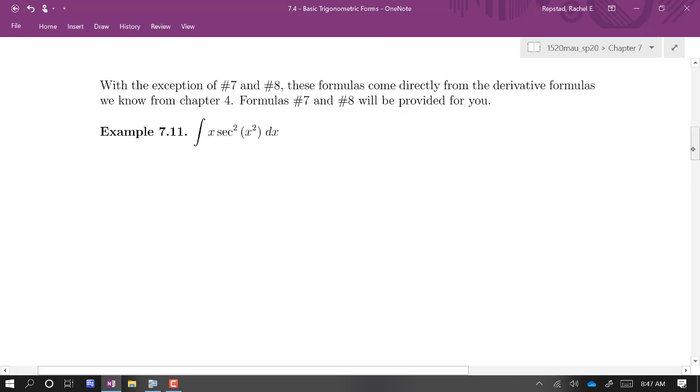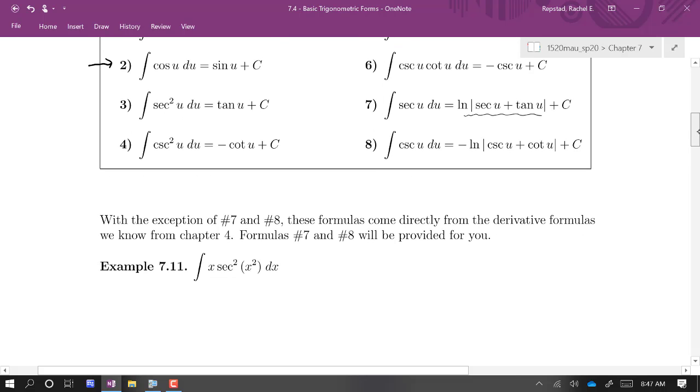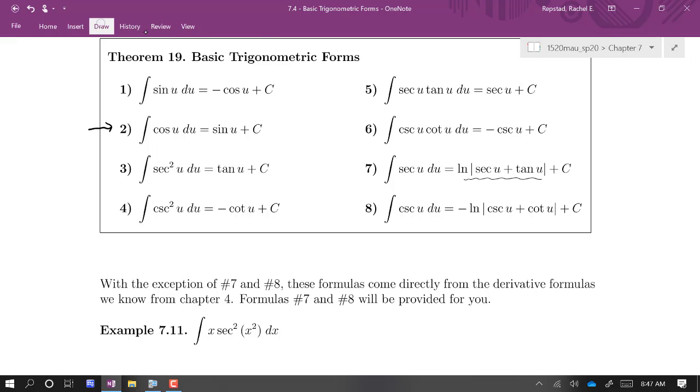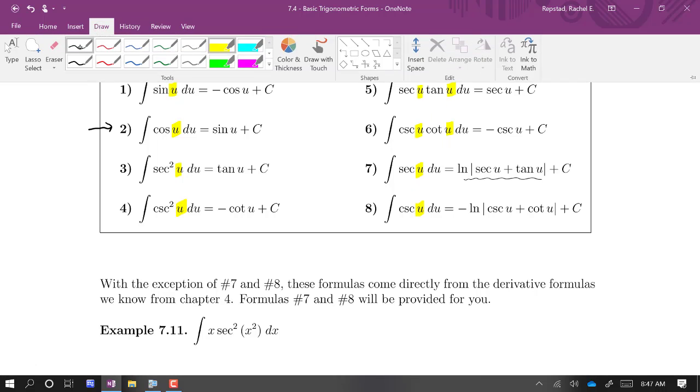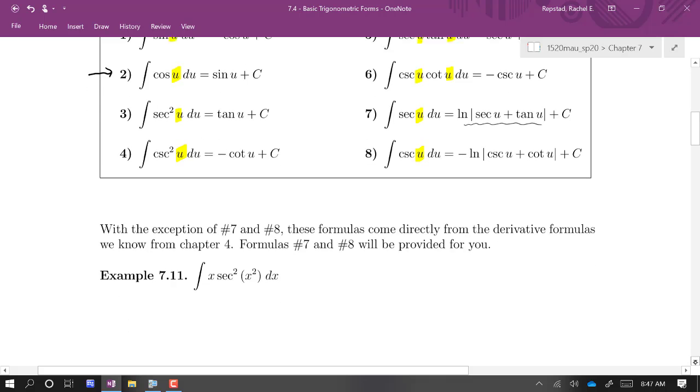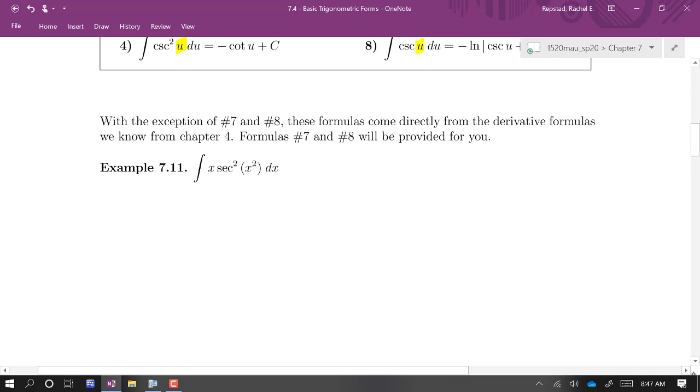In any integral, there's a finite number of choices you could pick for u. So, you kind of hope, like, well, eventually I might stumble upon the right one. Just note, though, in all of these basic trig forms, u is the argument or angle inside the trig functions. So if something fits a trig form, you're going to let u equal the argument inside.